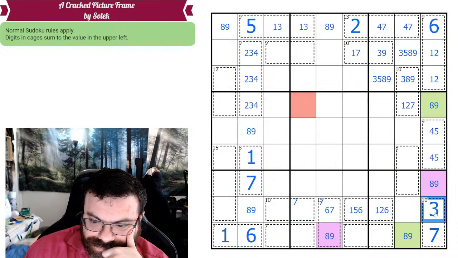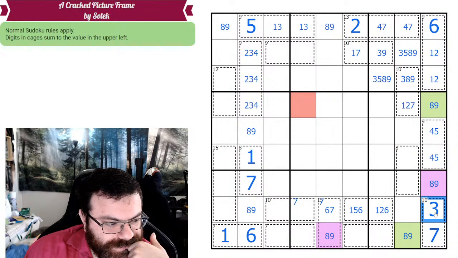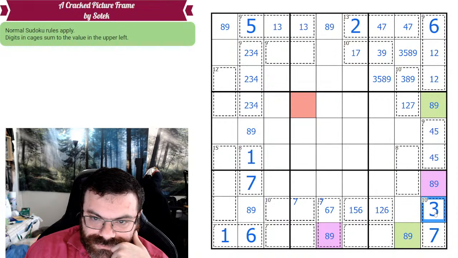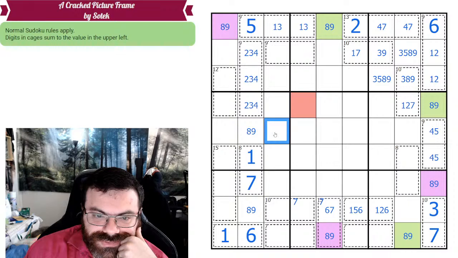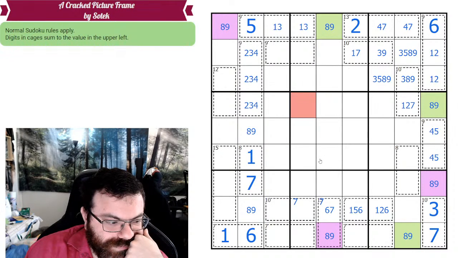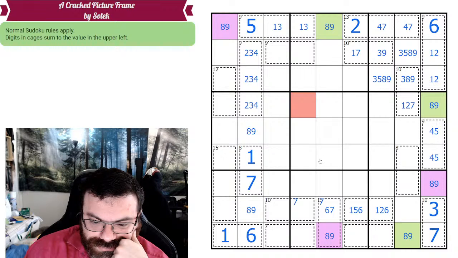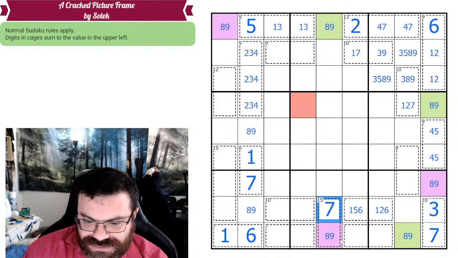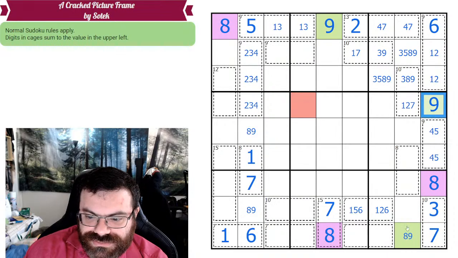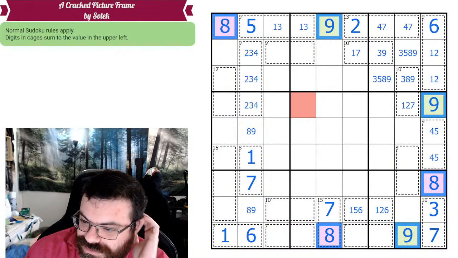What about it? There we go, that's green. Purple. Oh, I see. This can't be 7 because this can't be 3. Okay, yeah. So that's 7, and then now this gives 8 in purples and 9s in greens. I don't need those colored anymore.